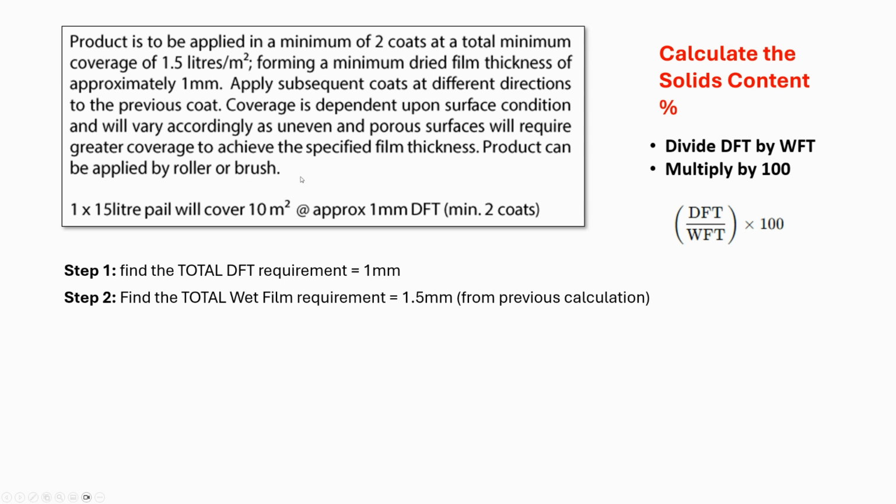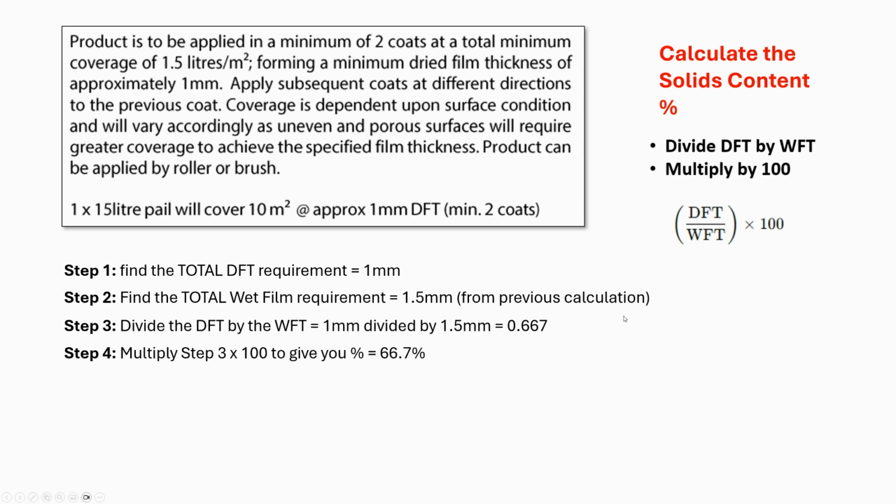Step 2 is find the total wet film requirement. From our previous calculation, we've calculated it out at 1.5 millimetres for a total. Step 3 is divide the dry film thickness by the wet film thickness. And we can see that we're going to divide 1 millimetre by 1.5 millimetres, and we end up with a decimal number, 0.667.